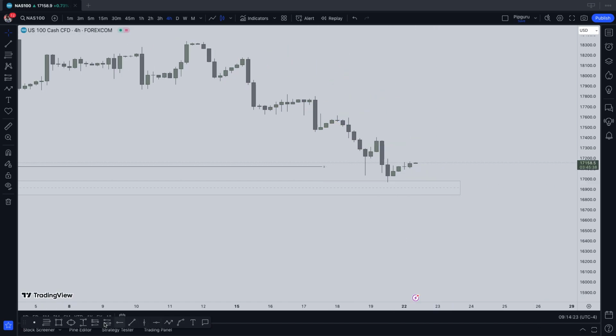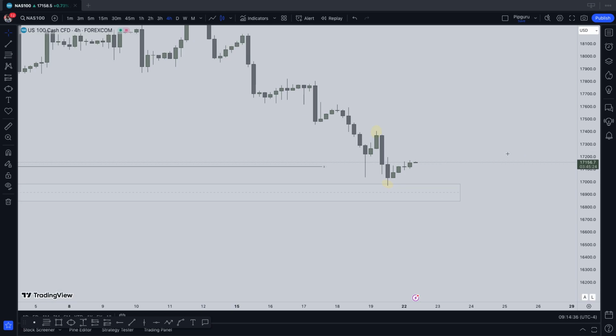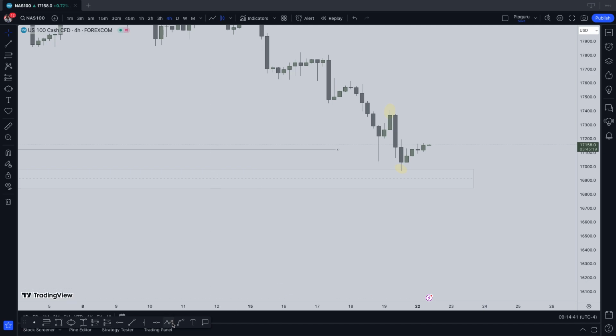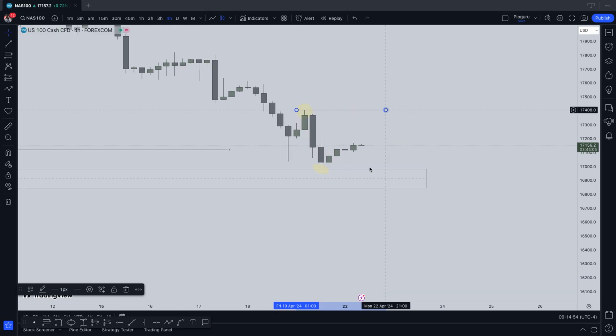So on the 4 hour time frame, this is our 4 hour range that we're currently in. So from this high to this low right here. Boom. So to confirm that we did a full sweep of this liquidity right here, and we fully tested this fair value gap right here, we would have to see price come and take out this current 4 hour high right here.